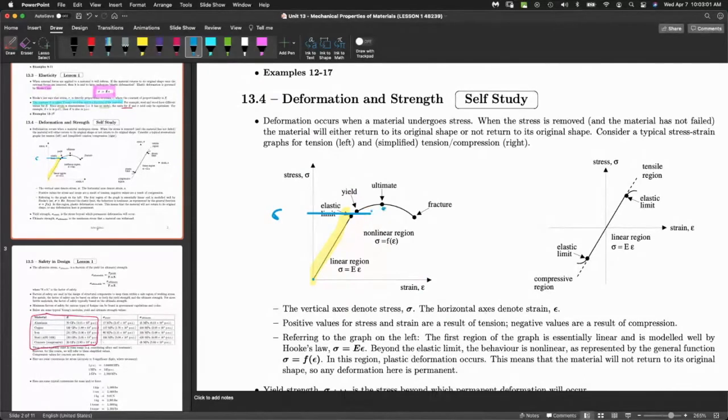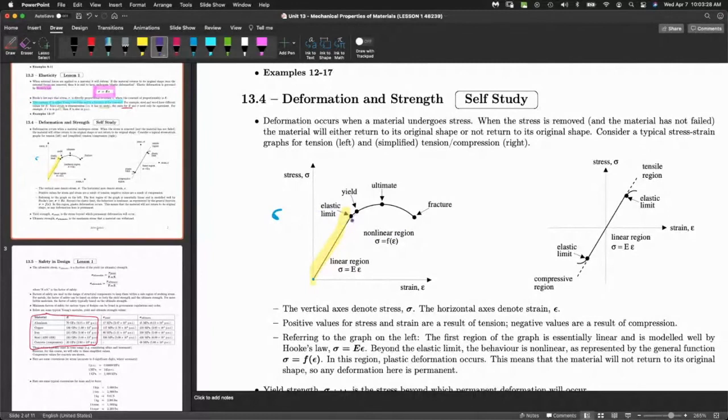Then you have something called the ultimate stress. That's the amount of stress that you can take a material to, after which it will fail. There's also one more thing called the yield stress, which refers to the amount of stress that you can have such that if you release it, it goes back.